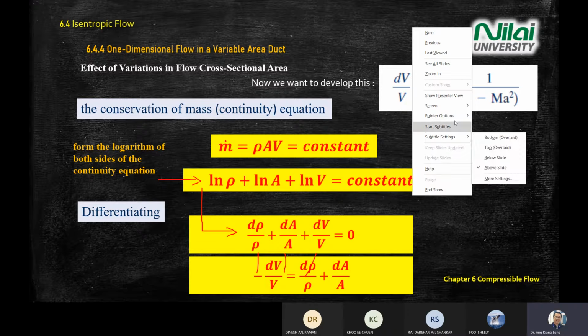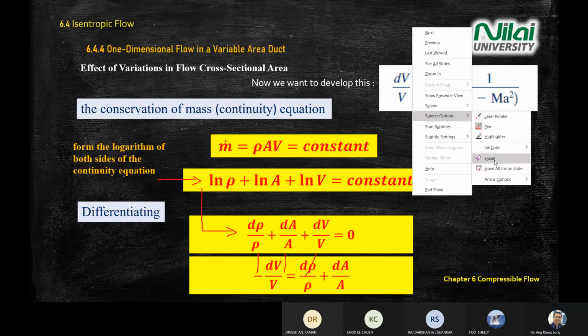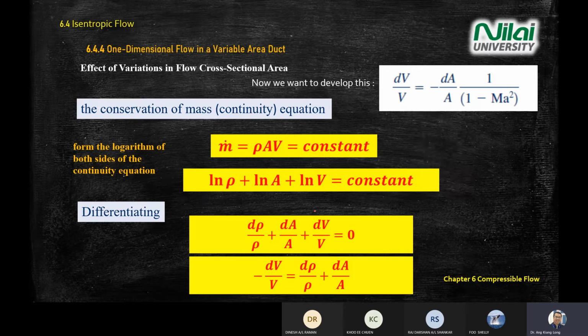And then you rewrite them in velocity terms. You put the dv as your objective, you pull it to the right and rearrange the equation. So positive becomes negative: negative dv over v equal to differentiation of density plus differentiation of area.